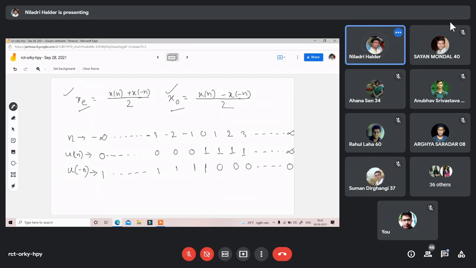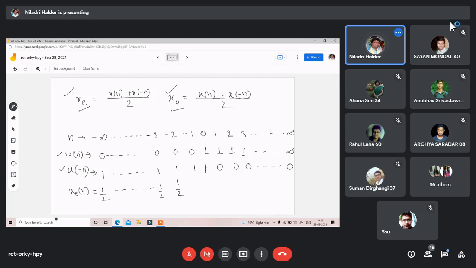Okay. So from here, what is the value of xe[n]? The even sequence is this plus this by 2: xe[n] = (u[n] + u[-n]) / 2. So for the minus infinity range, what will it be? 0 plus 1 by 2 is equal to half.